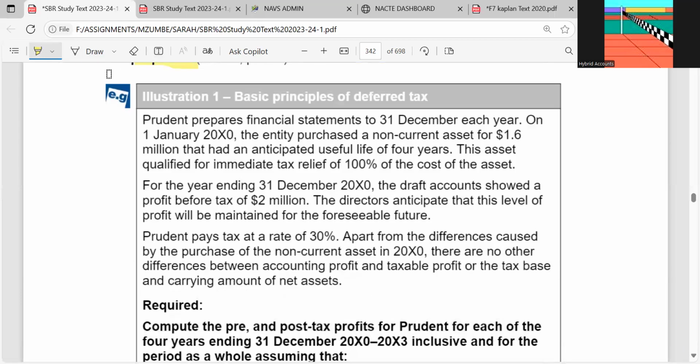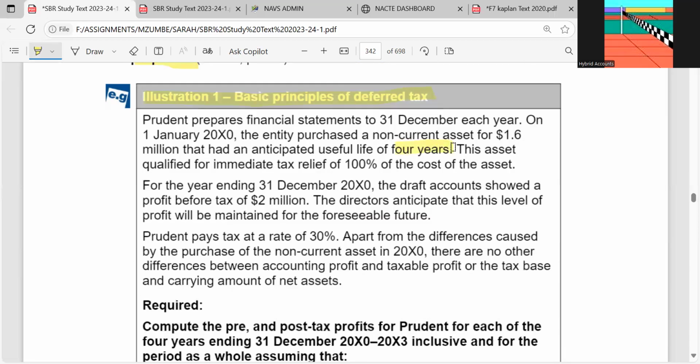Let's just look at an illustration and see how this is applied, right? Prudent prepares financial statements to 31st December each year. On 1st January 2024, the entity purchased a non-current asset for $1.6 million that had an anticipated useful life of 4 years.